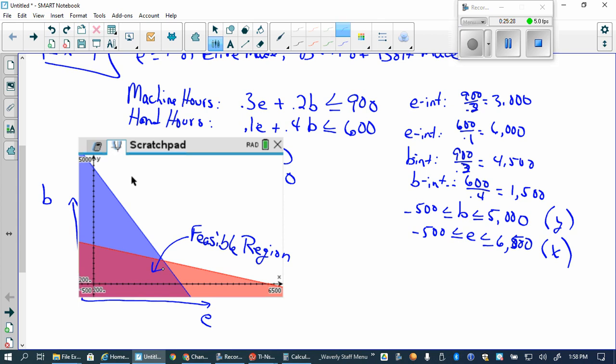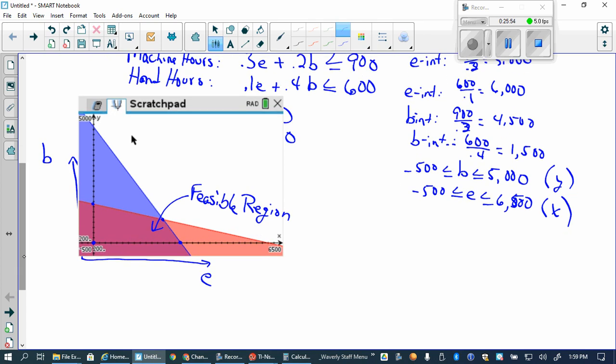Anything in there, given our constraints, is a possibility to make these two pairs of shoes, right? But we also have four vertices here, don't we? Here, here, here, and here. And it's one of those vertices that's going to optimize our profit, right? But what you need to do is actually have the objective function, which we don't quite have here, right?